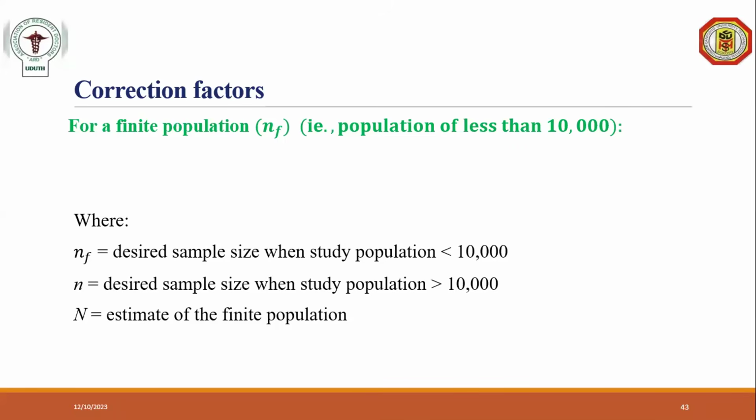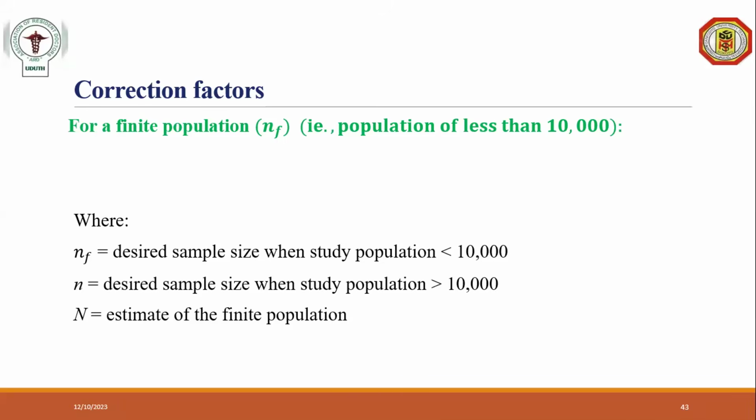So the correction formula says NF, which is the desired sample size when the study population is less than 10,000, will be equal to small n. That small n is the n that you calculated in the previous formula.